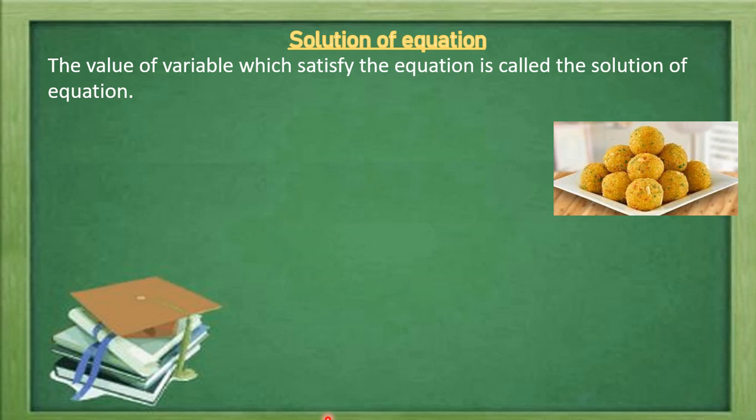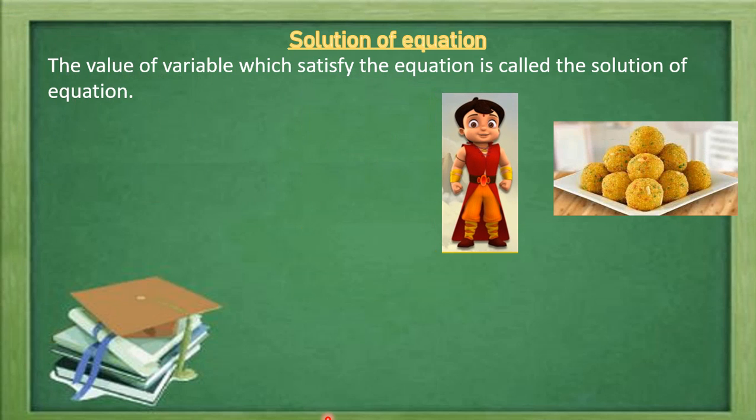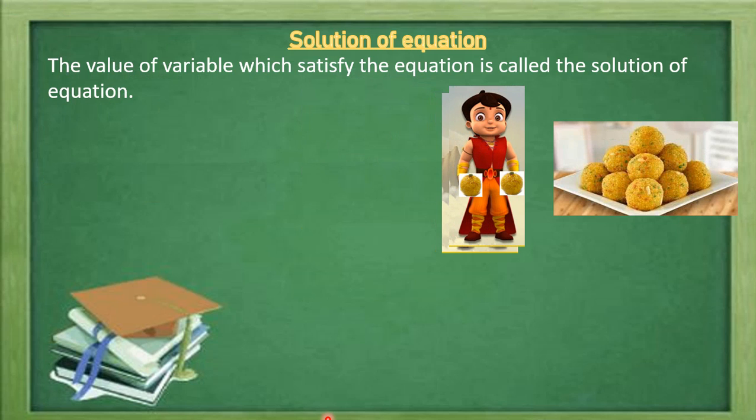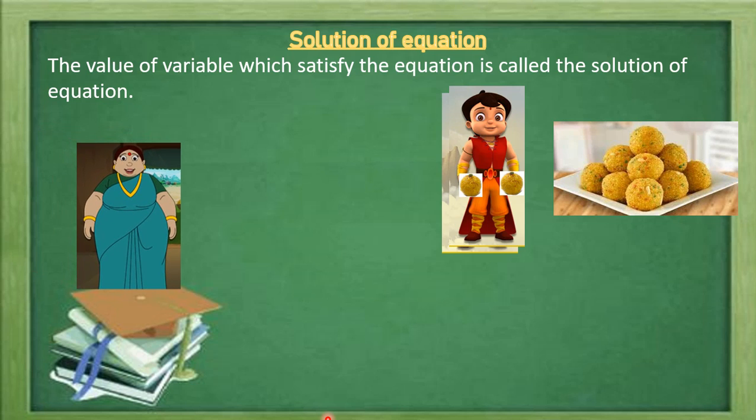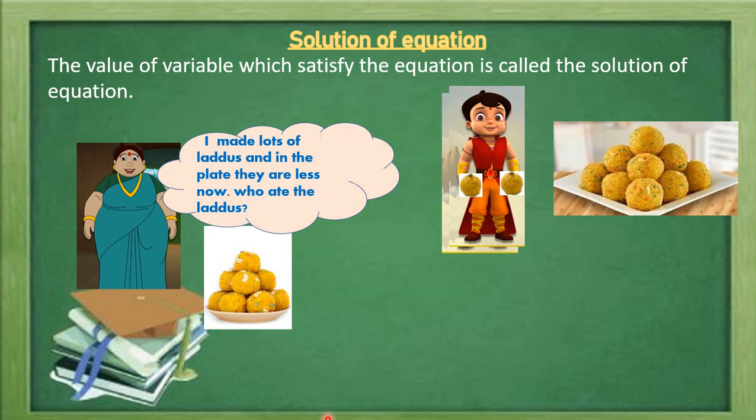Some laddus are there in the plate and one boy, Bhim, comes there and he eats some laddus. When his aunt comes there and observes the plate, she finds that the plate which was full of laddus now does not have that much quantity of the laddus which she prepared.